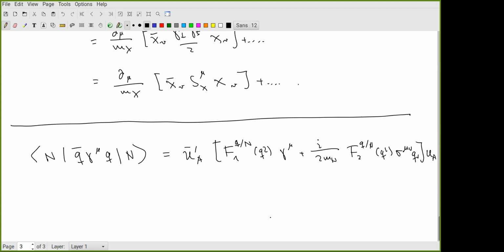What we want to do is use a symmetry, not an exact symmetry like baryon number conservation, but an approximate symmetry of QCD, called the chiral symmetry. This allows us to do an approximate expansion of these currents.